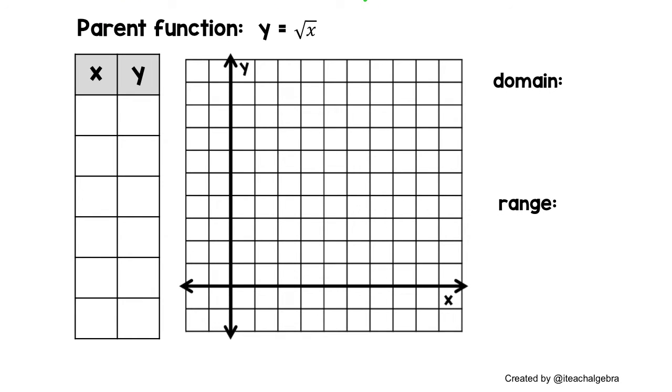We're given y equals square root of x. This is what's called the parent function. So this is the mommy and daddy function that all of the other functions are made from. When we try and figure out how a function changes because of differences in the equation, we're always going to compare it to the parent function, y equals the square root of x.